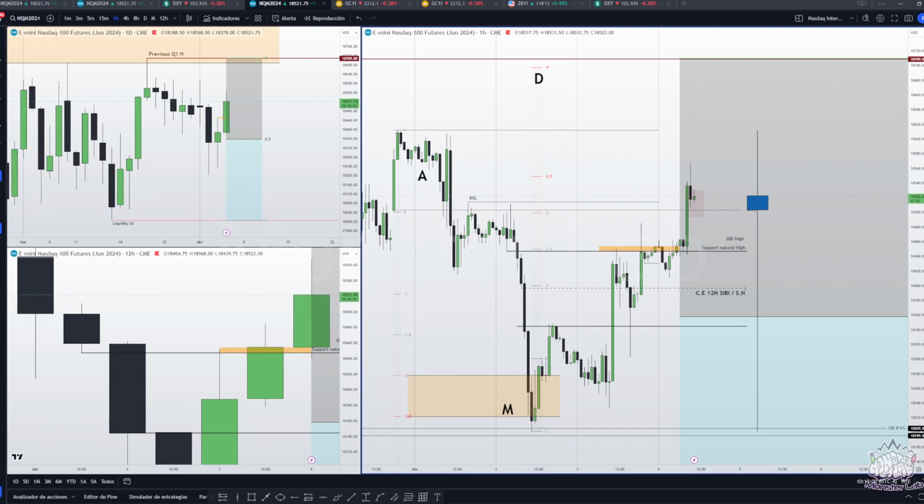This section is before NFP, so typically it's problematic for accumulation.